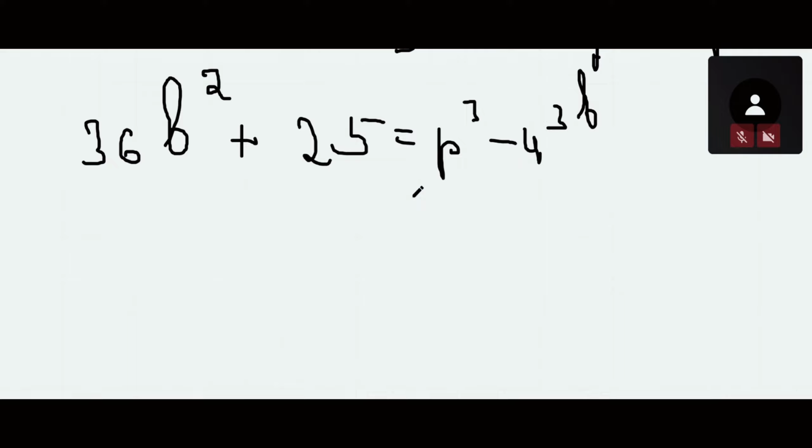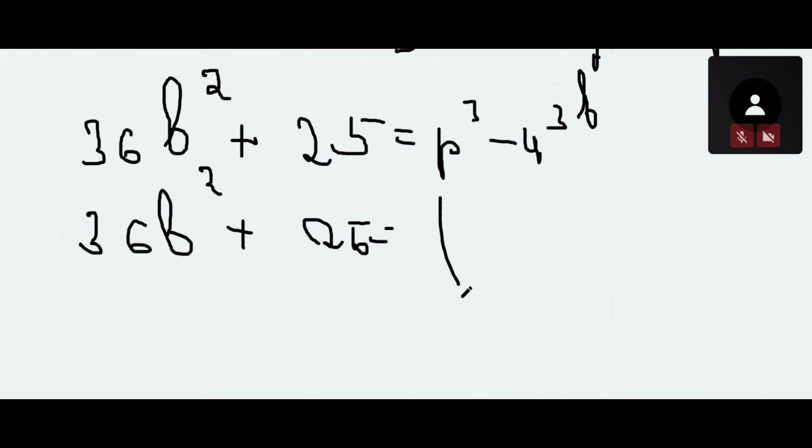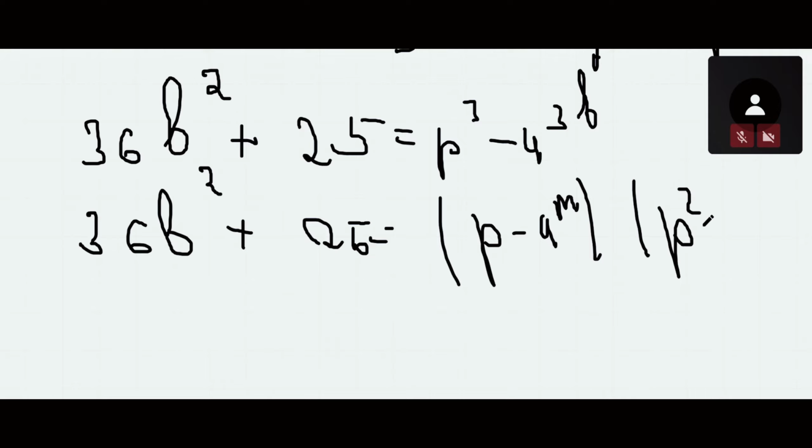Okay, let's evaluate this from our formula. It will be 4p minus 4 to the power of m, p squared plus p times 4 to the power of m and 16 to the power of m.